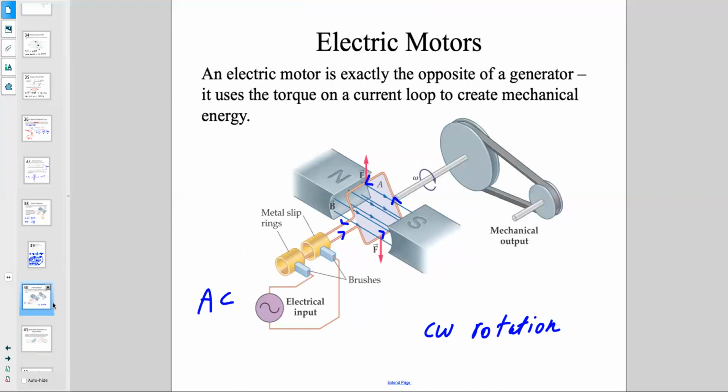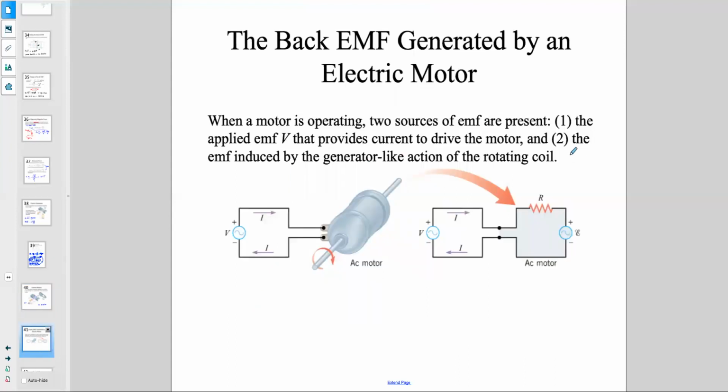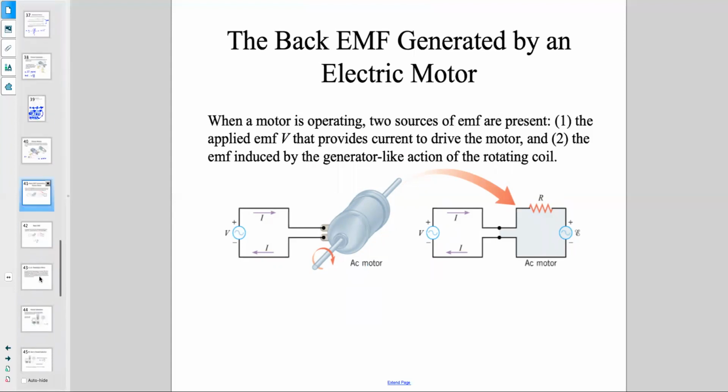Because you have a rotating coil inside a magnetic field, there will be a back EMF in the opposite direction. This is called back EMF.